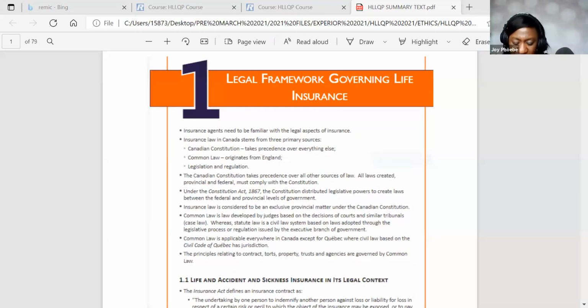Provided by the insurer, delivery of policy. Can I ask a question, please? Yes, please. What exactly does a life insurance agent do? So a life insurance agent is the one that is representing the client with the insurance company.